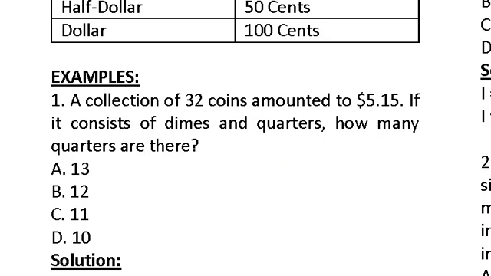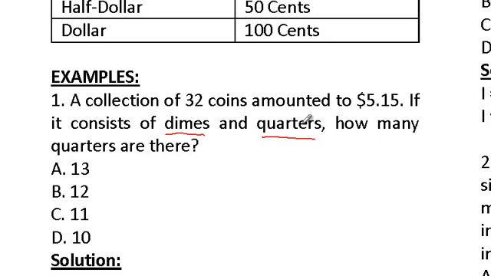Now, the normal approach will be like this. We don't know how many dimes are there. Dimes is how many cents again? 10 cents. Quarters, you also don't know how many quarters are there.